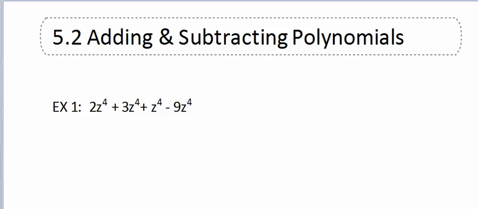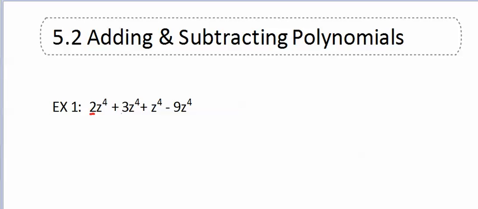have like terms. Like terms meaning the variables have to be exactly the same as do your exponents. So if we look at example number 1, we see that all the terms are the same. They're all z to the 4th. So if that happens, then what you do is you just add or subtract the coefficients.